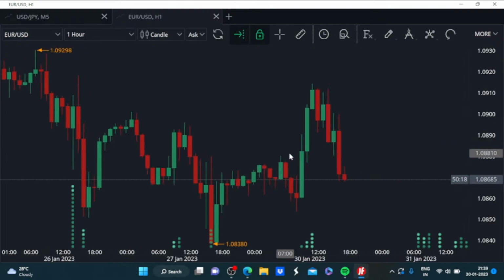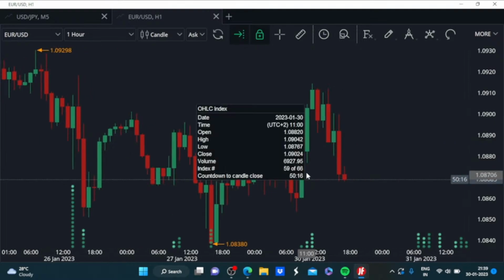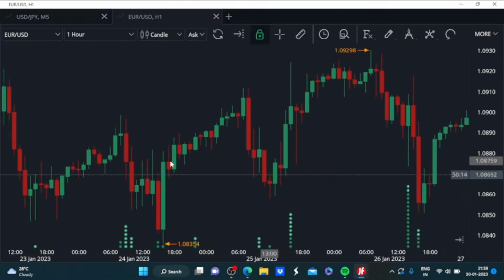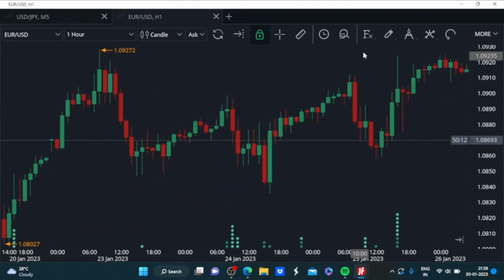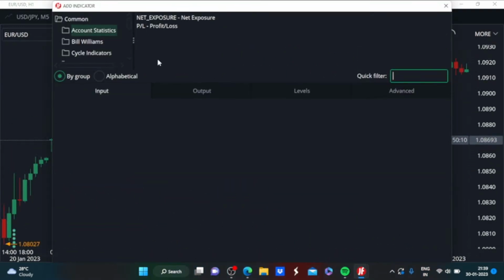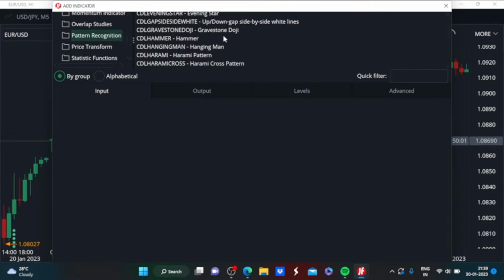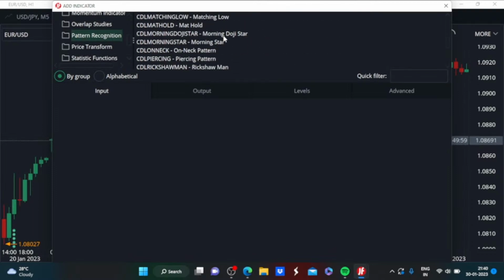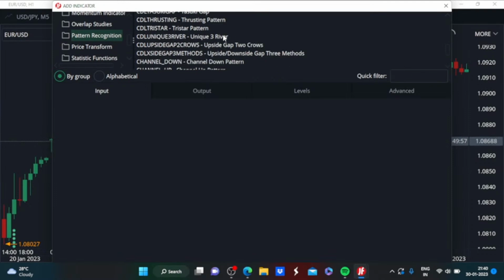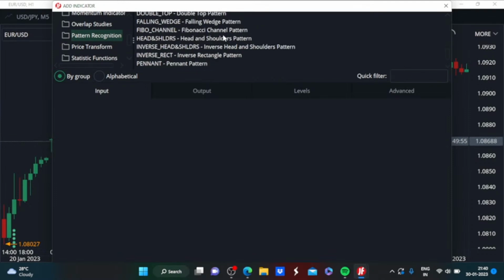And here we now have a catch 22 situation, as it is not forming on the chart. We are not really getting the option, so we will have to go to add indicator, and from there we can add it and edit its input parameters.